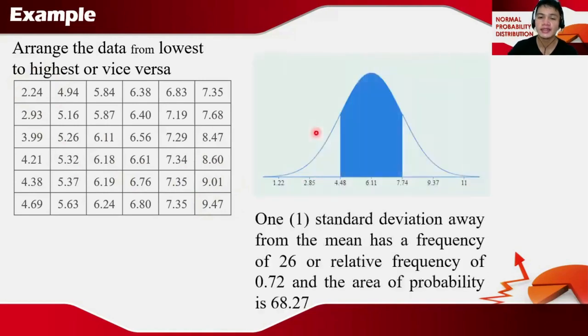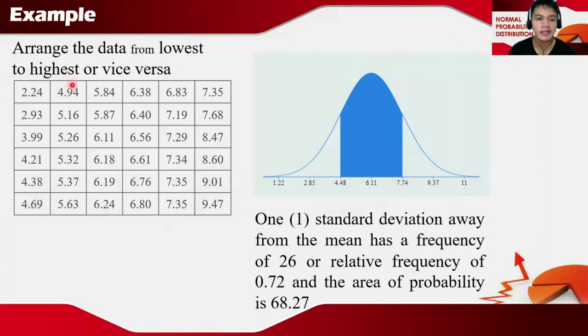Now for the one standard deviation away from the mean, it has a frequency of 26, since we will consider weights from 4.48 to 7.74. So let's see.